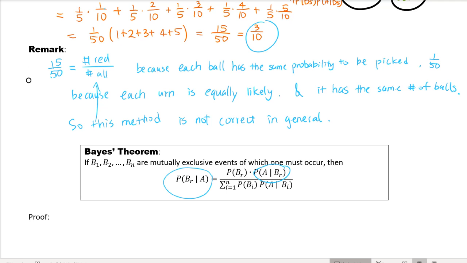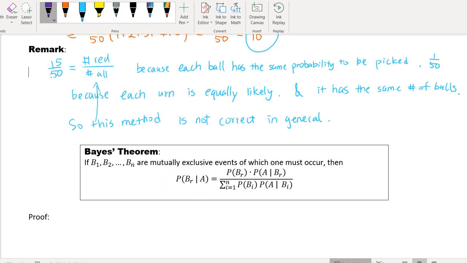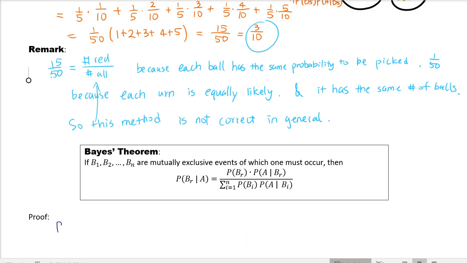Okay, so how to show this? All right, so first of all, for P of Br given A, we can use the definition of conditional probability. That is P of Br and A over P of A. And the numerator, multiplication rule, right?